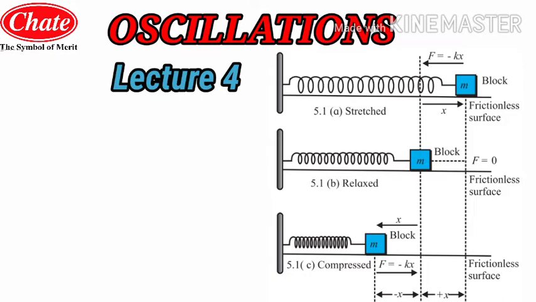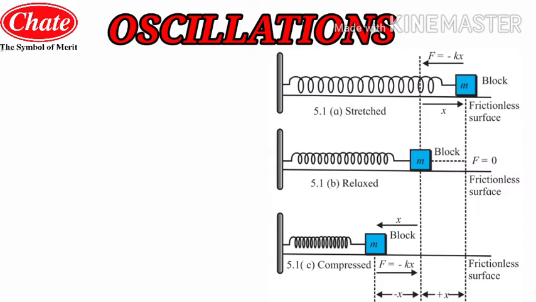Now while the block is moving towards the left side, it will attain definite positions. The first one, the position which we are going to consider, is the equilibrium position. Then after that equilibrium position, the block will move towards the left again, so it will cause a displacement at the left side from its equilibrium position, and that displacement will be, say, minus x, as it is left side from the equilibrium position.